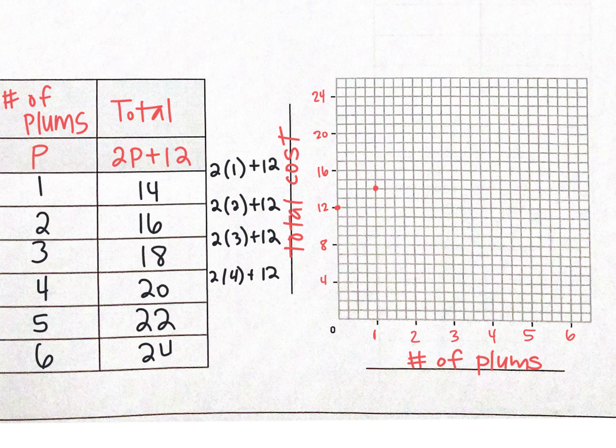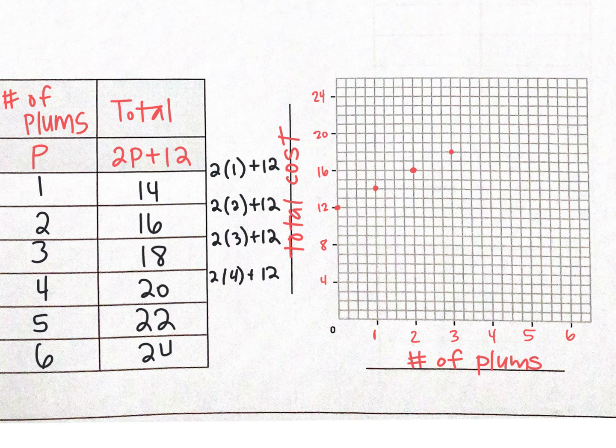My next ordered pair is 2, 16. So I'm going to go over to 2 all the way up to 16. This is where my next point will go. My next ordered pair is over 3 up to 18, which is right here where my point is.